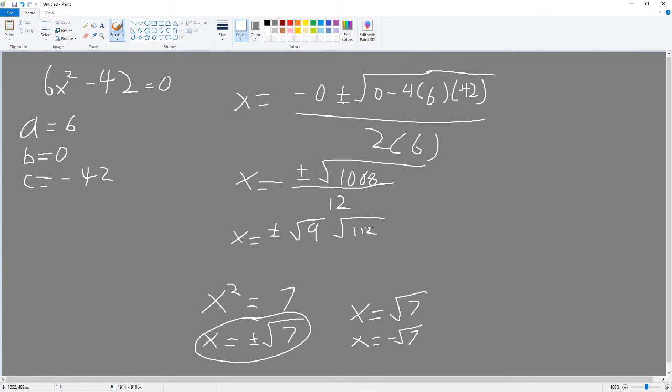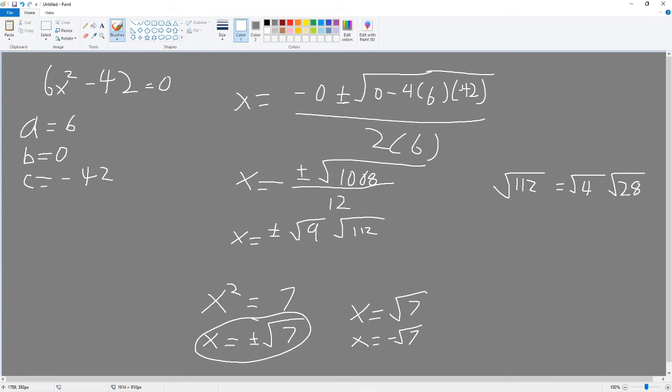And then we could probably simplify this a little bit more. 112 can be a product of square root of 4. And let's see, if I half it, I get 56. Half it again, I get 28.